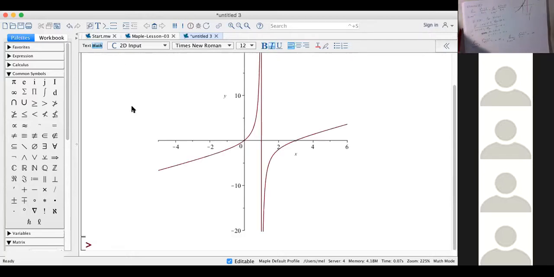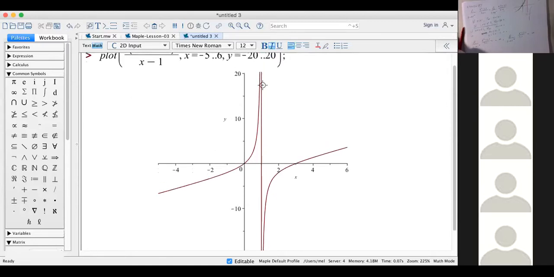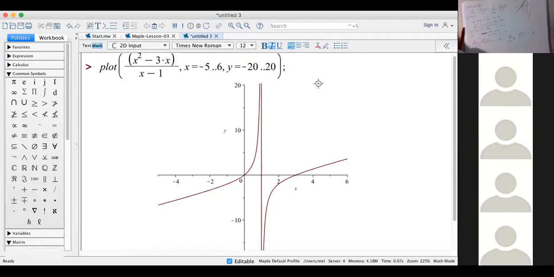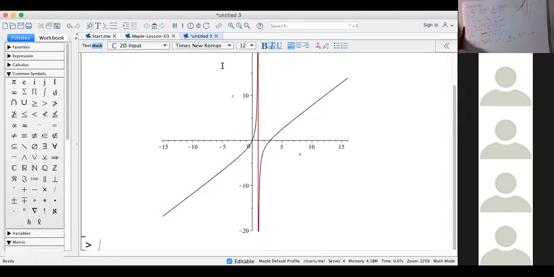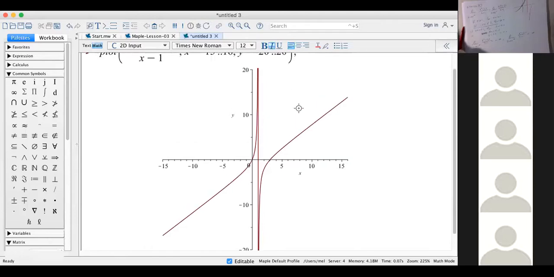Huh. So that's what the graph looks like. And you see, here we have this vertical asymptote at x equal 1. You do it over a bigger range, it looks like that. So that's our function. Actually quite nice.